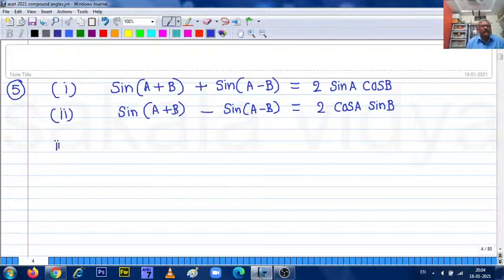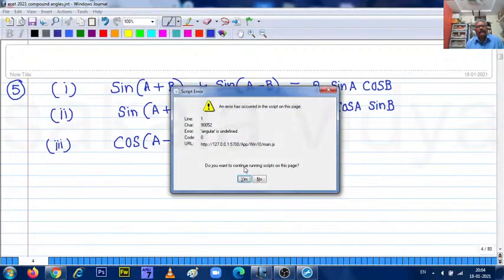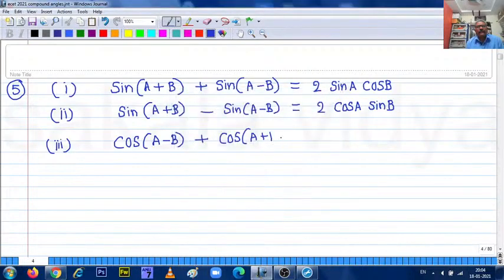So now the third formula. Cos of A minus B plus cos of A plus B equals 2 cos A cos B. Both are cosines you will be getting.